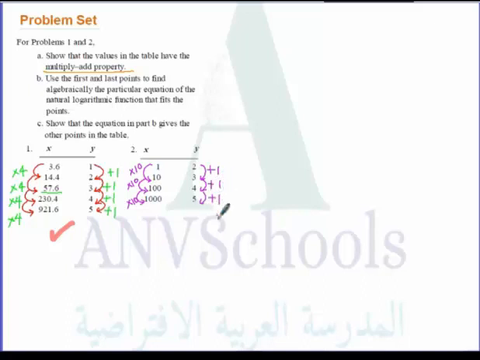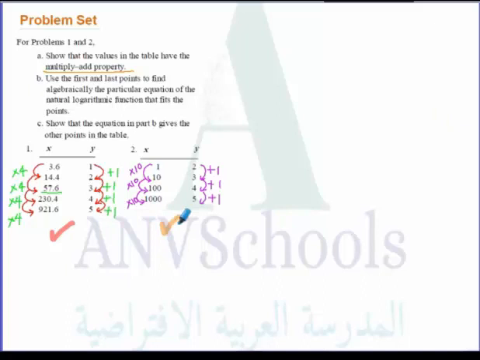Okay, so 2 plus 1 equals 3, 3 plus 1 equals 4, and 4 plus 1 equals 5. So therefore, this also has the multiply-add property.